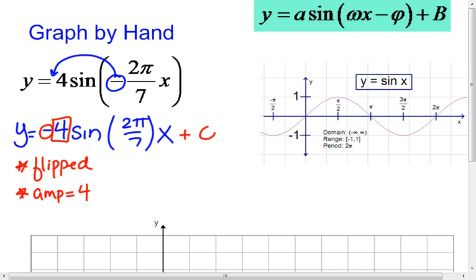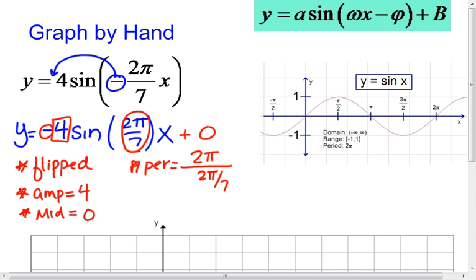Again, I have a plus 0 back here, and so my midline is 0. And then my period, and by the way, I have nothing else added on inside the parentheses, so I don't have a phase shift here, but my period will be 2 pi over the number in front of the x. So my period will be 2 pi over 2 pi over 7.